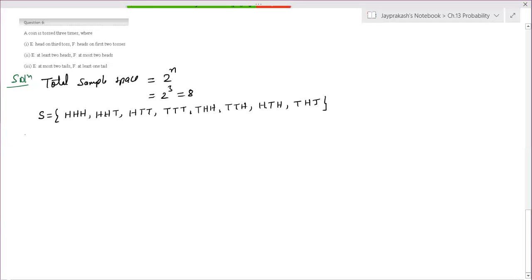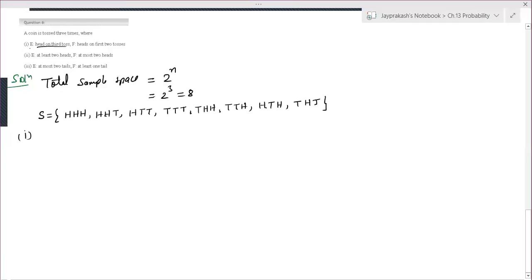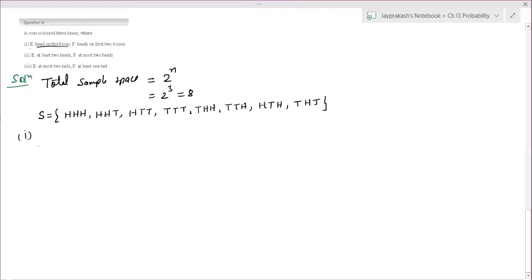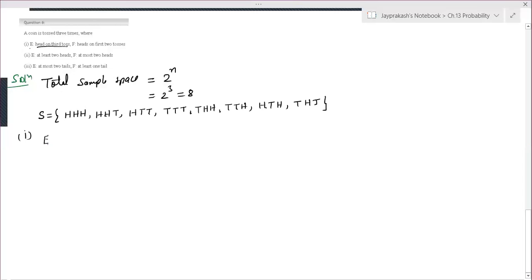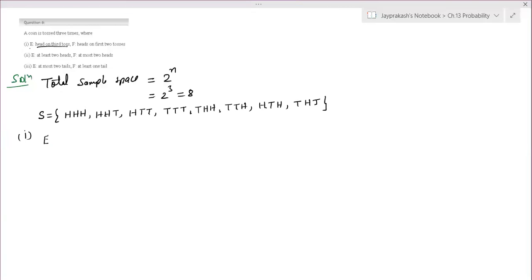Now the first question is E, the probability of E, that denotes a head on the third toss.